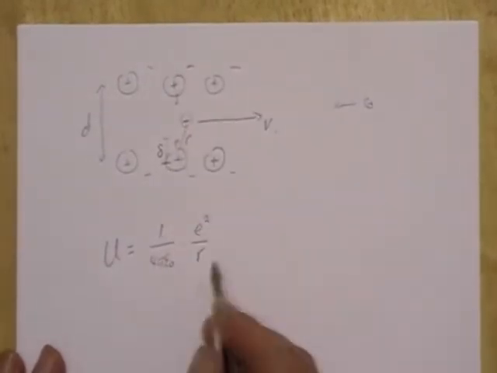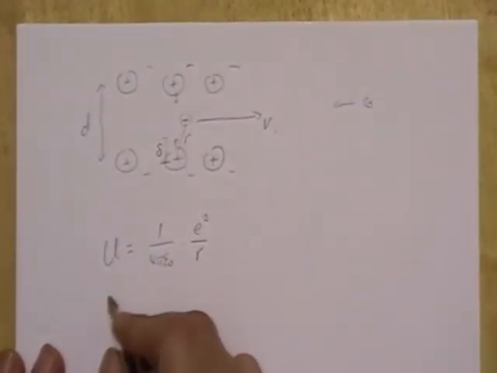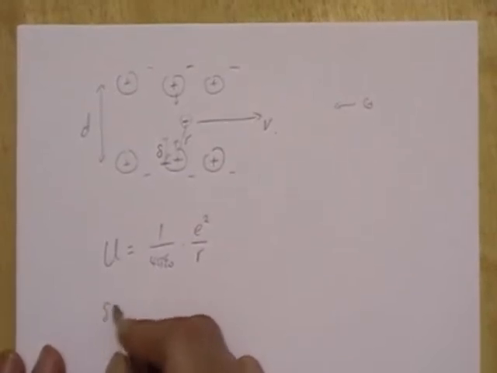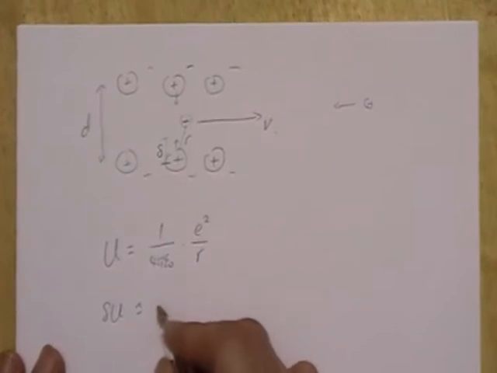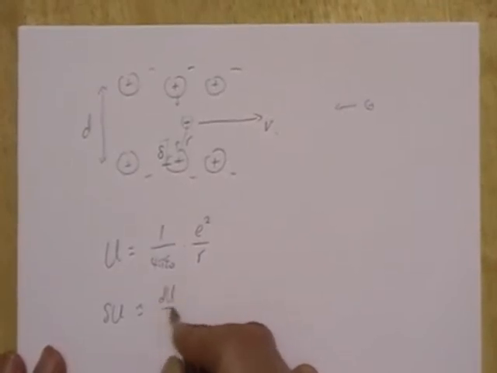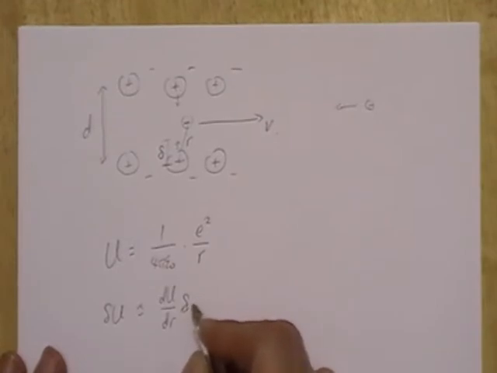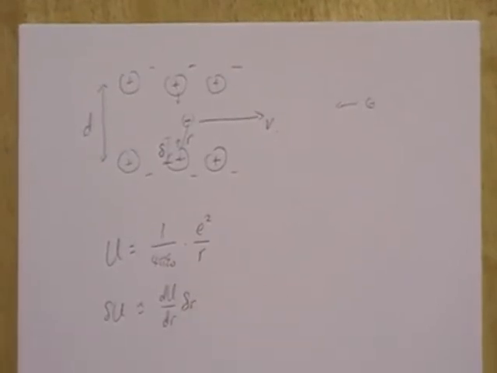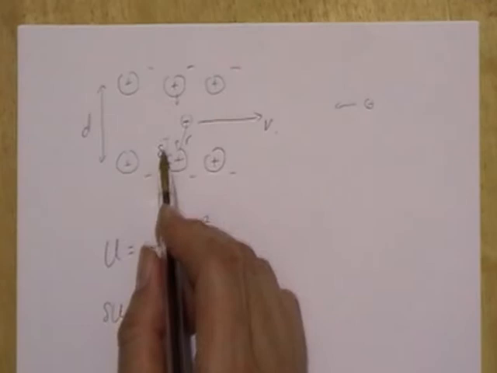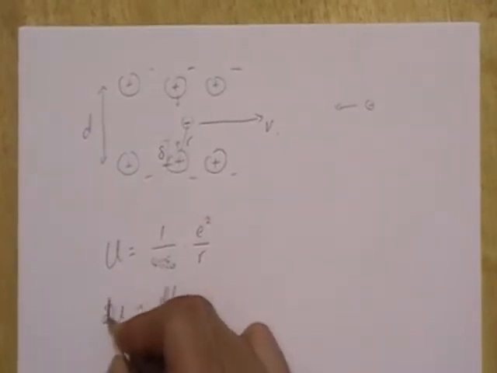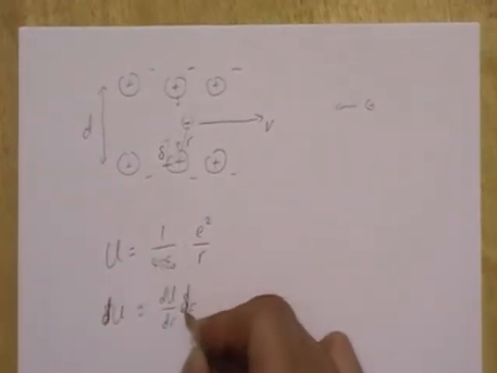Now to find the change in the potential, we shall use a small change approximation, which is given by du by dr times delta r. Okay, I can see that this delta is going to be confused with that. So let me just call it the normal d.